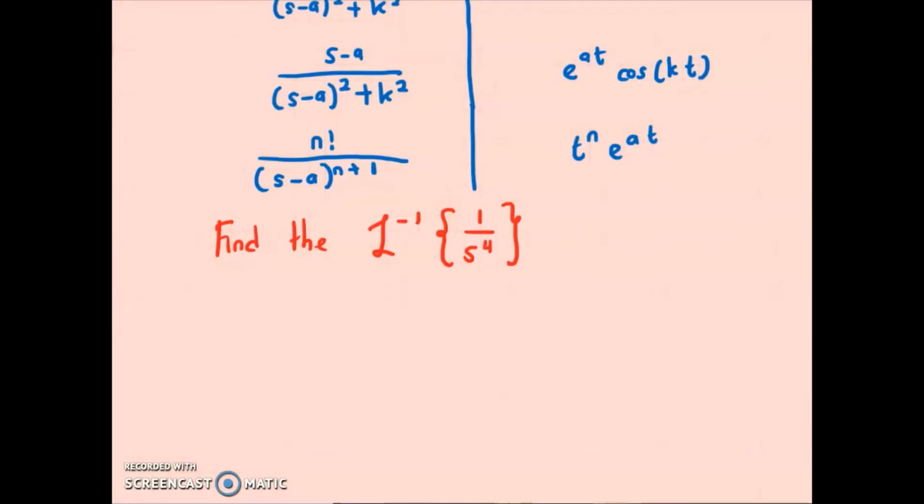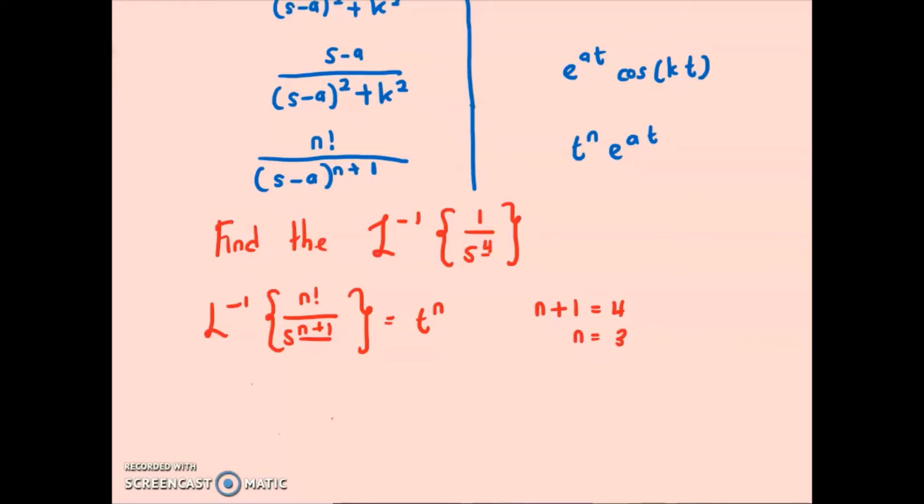From the table we know that the Laplace inverse of n factorial over s^(n+1) is given by t^n. So we know that my n plus 1 is 4, this one.